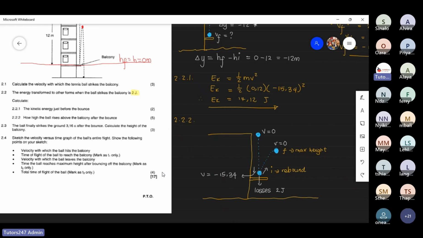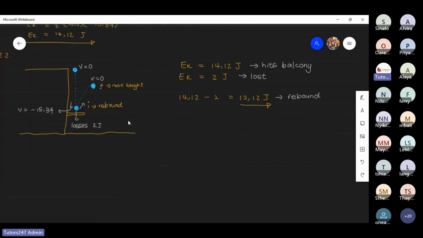That is the maximum height velocity. Once we calculate the rebound velocity, that will be our initial velocity. We have our value of a, so we can then calculate displacement. So let us now calculate the velocity with which this object rebounds. That is going to be our initial velocity for our calculation.